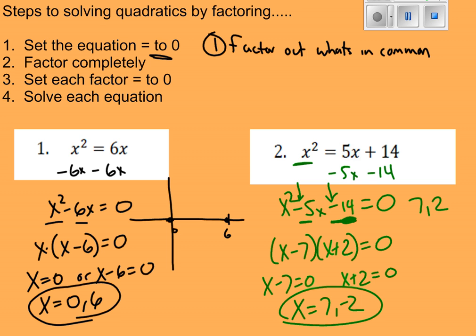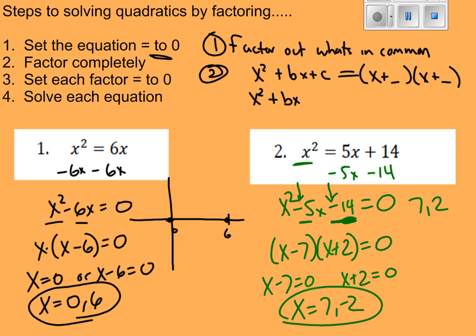In factoring, one of 4 things is going to happen. You're either going to have plus plus. If that's the case, when you factor it, you should have x plus something and x plus something. Or you're going to have plus minus, so x squared plus bx minus c. Or no, let me flip that around. It's minus plus. So if I have x squared minus bx plus c, that's going to be x minus something, x minus something.